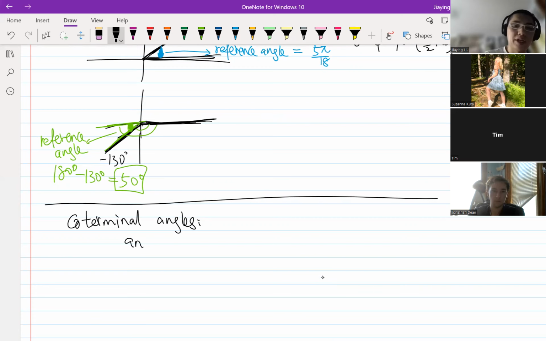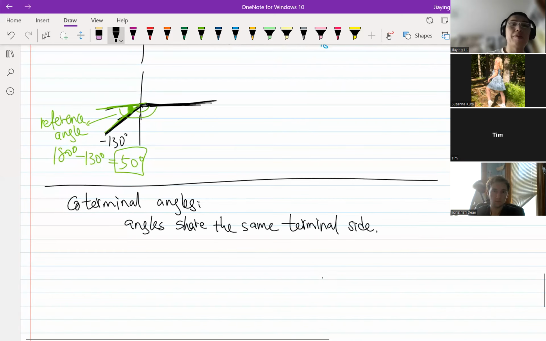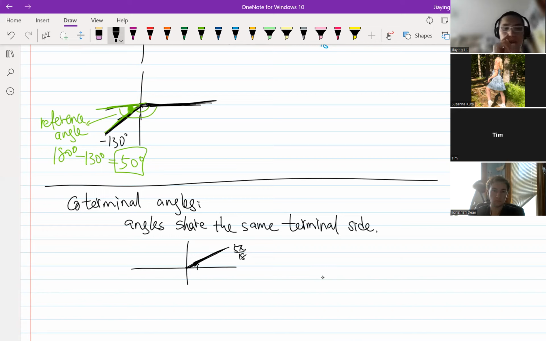So you probably wonder, if we draw an angle, for example, this one, 5 pi over 18. So that's the terminal side. How can we draw another angle with the same terminal side? Wouldn't that be the same angle if I draw it this way? That is correct, if we draw it that way we just end up with the same angle, right?